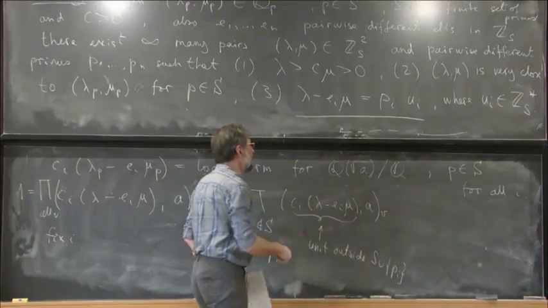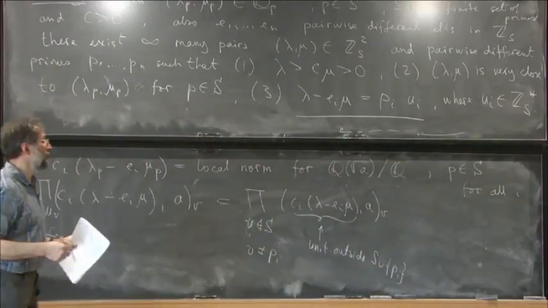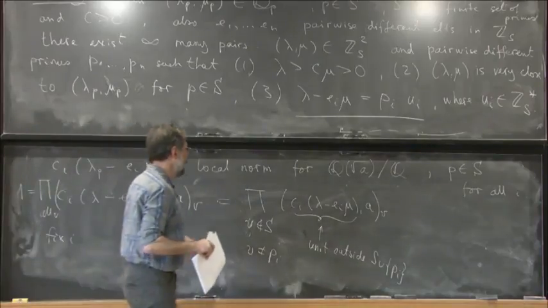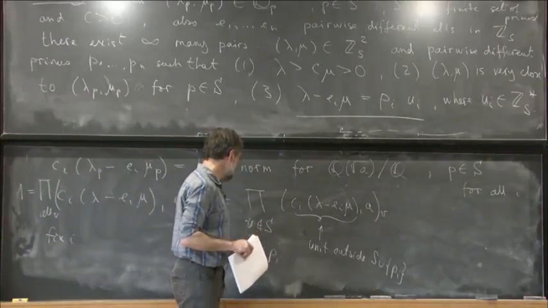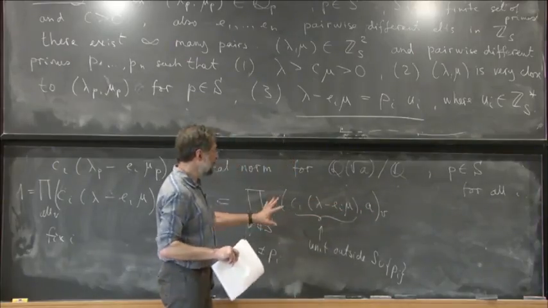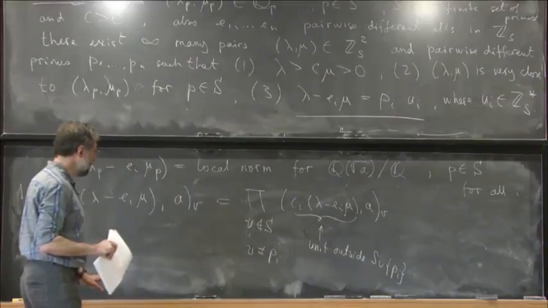And so is A, because I included into S all primes that divide either numerator or denominator of A. So outside of S, provided v is not p_i, both of these are units, so the Hilbert symbol is again trivial, again 1.